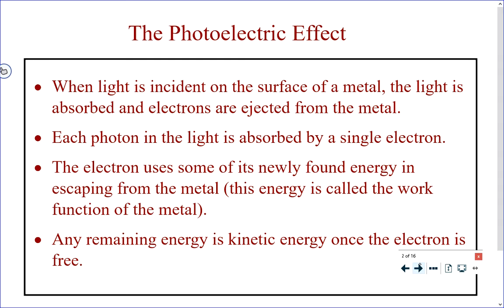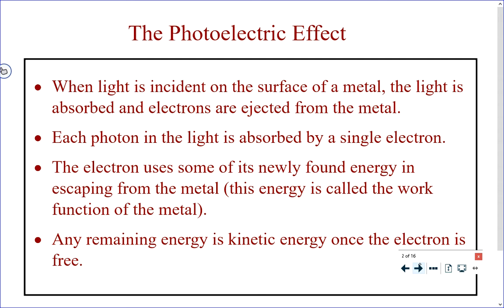the photoelectric effect. In words, what happens in the photoelectric effect is that light, and it doesn't have to be visible light, it could be ultraviolet radiation, it could, although it's rare, be infrared radiation, it could be X-ray radiation, but we typically say light. So light is incident on a metal. What that means is you're shining light on the surface of a metal.